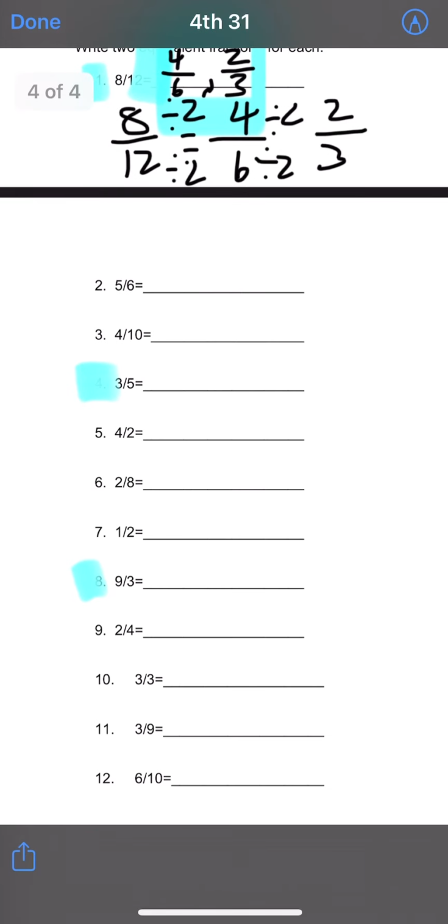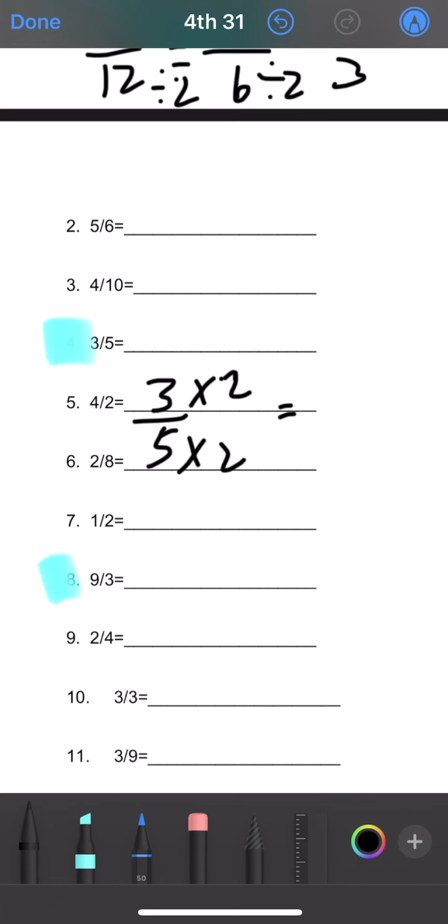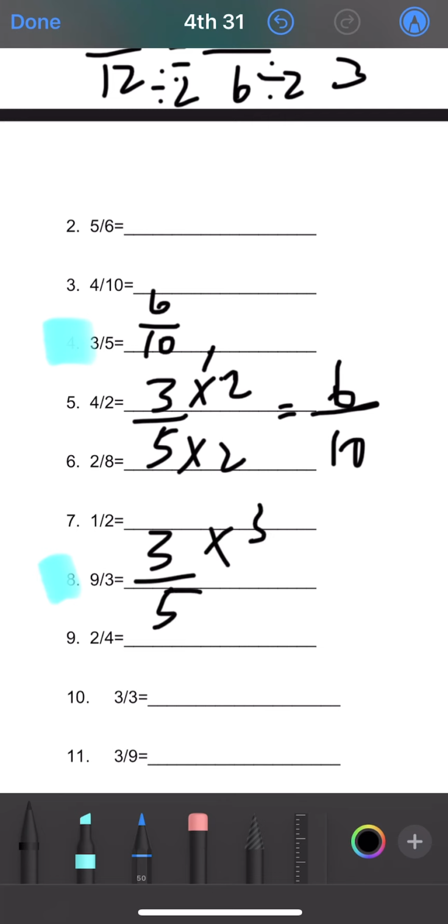Okay, moving on to number 4, we have 3/5. Now you can't simplify this, so we can multiply instead by 2. You can multiply by any number you want, and we get 6 over 10. And next we're going to multiply by 3, and we have 9 over 15.